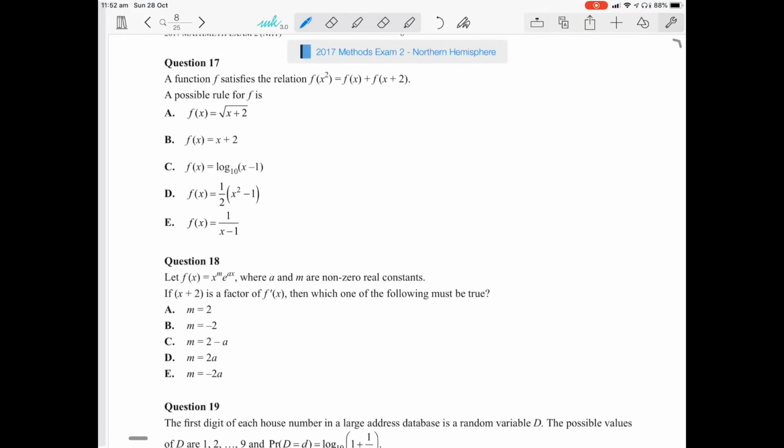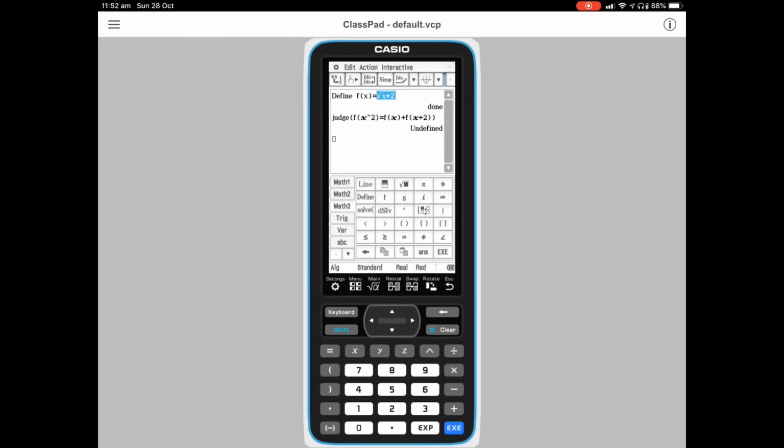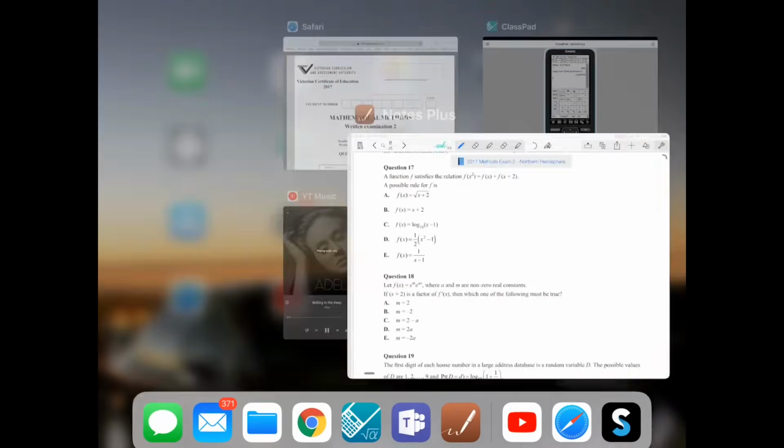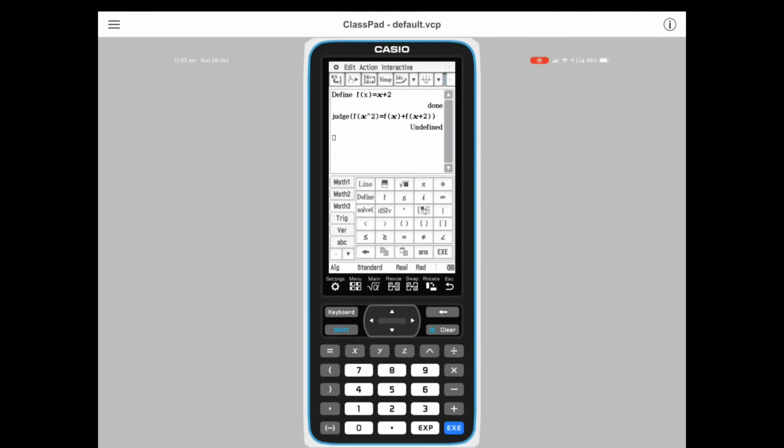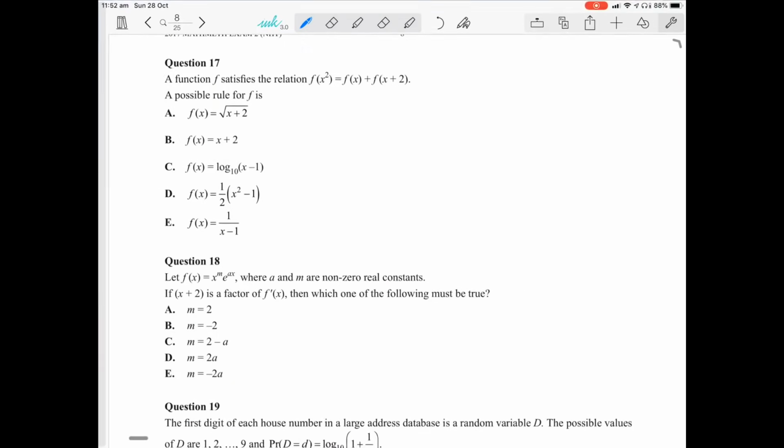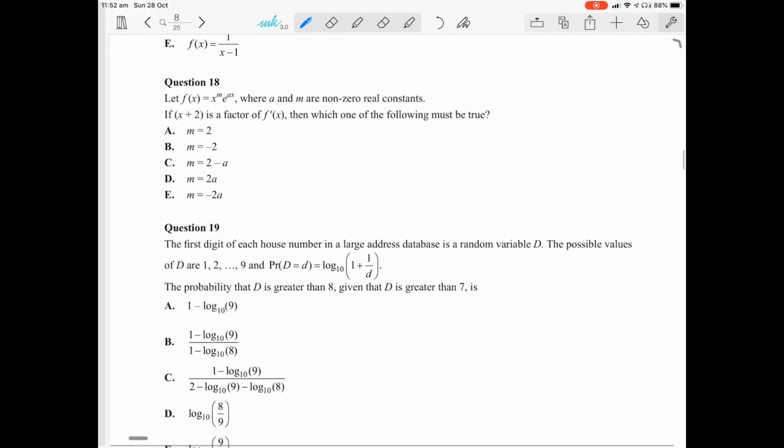Was that right? f of x plus f of x plus 2. Okay, the next one's x plus 2. Enter to define and check. Log 10 of x minus 1. True. So that's our answer.